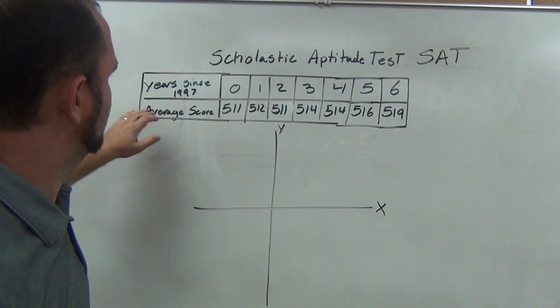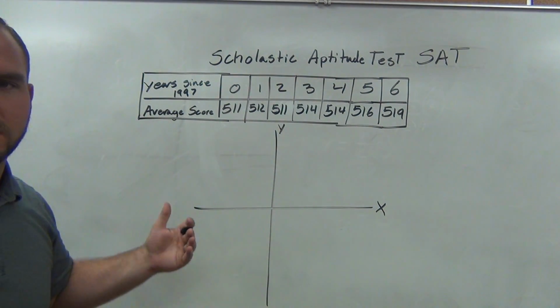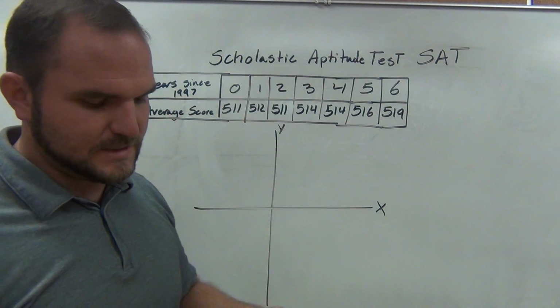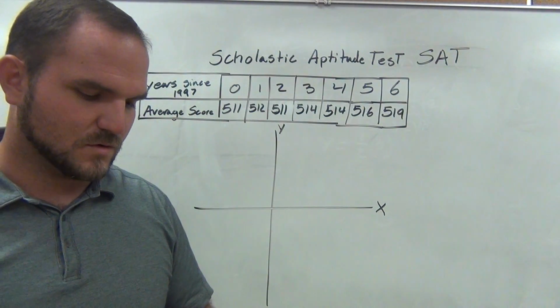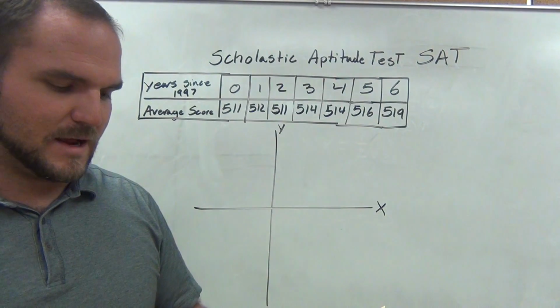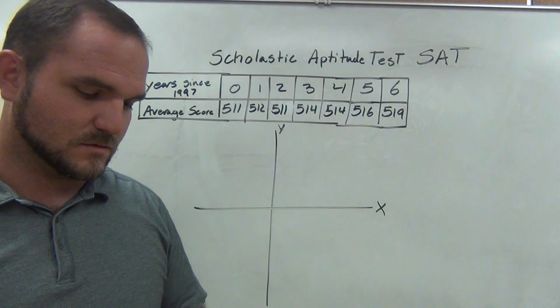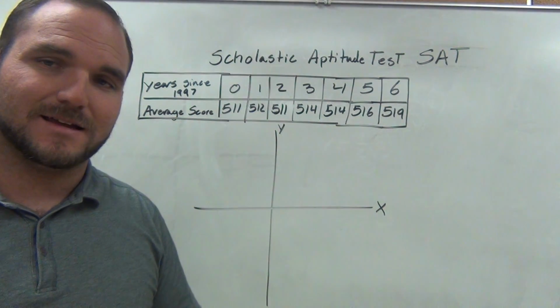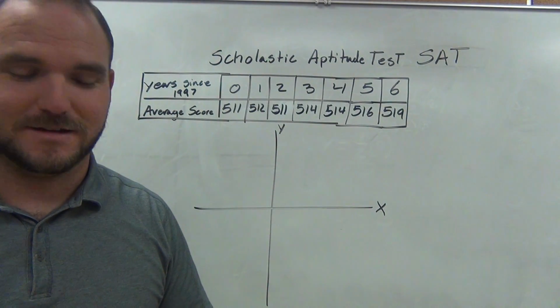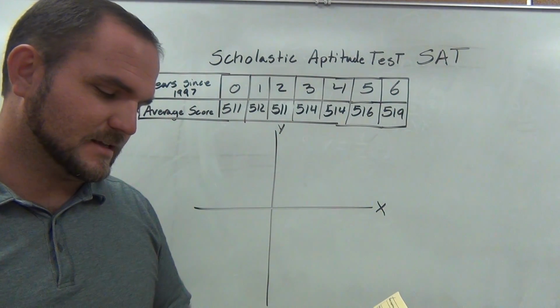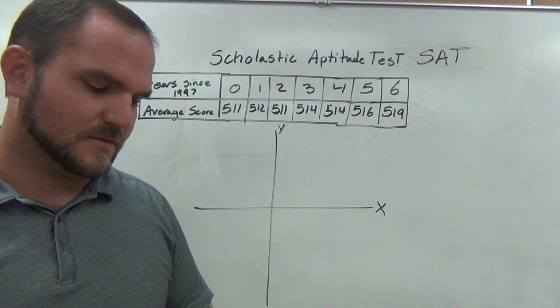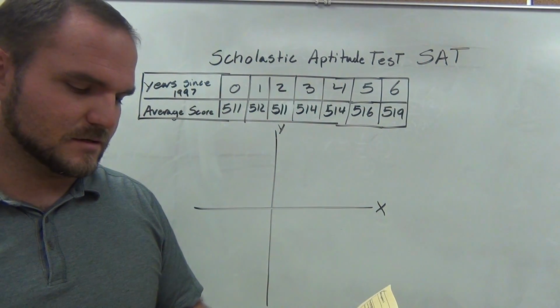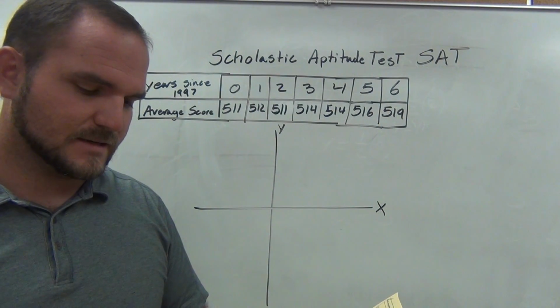Here's your table. I will read off the problem and say what it is. So the SAT scores in the table show the average scores, S, on the mathematics section of the Scholastic Aptitude Test, or the SAT, in the United States from 1997 to 2003 as a function of the time, T, in years since 1997.